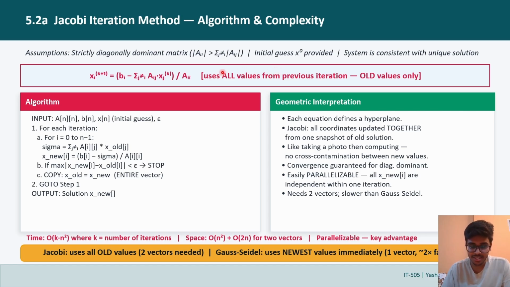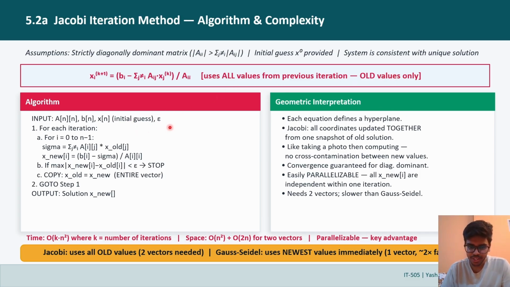The update formula: x_i at iteration k plus 1 equals b_i minus the sum of a_ij times x_j at iteration k for all j not equal to i, divided by a_ii. The critical point: all the x_j values used here are from the previous iteration. We do not use any updated values during the current sweep.